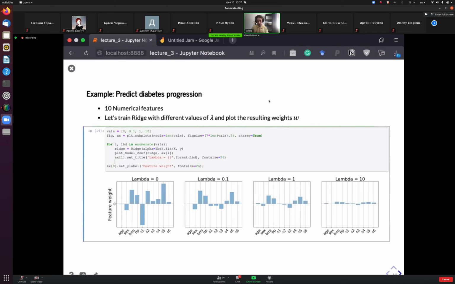If we then go to lambda equal to 1, we observe that the amount of shrinkage, so how much the weights become smaller, increases. On the third plot with lambda equal to 1, all the weights became even smaller. And on the last plot where lambda is equal to 10, so we train a model with very strong regularization, almost all weights are close to 0. But what is important here is that they are still non-zero, right? They are shrinking, all becoming smaller and smaller, but they are not becoming exactly 0 in most cases.